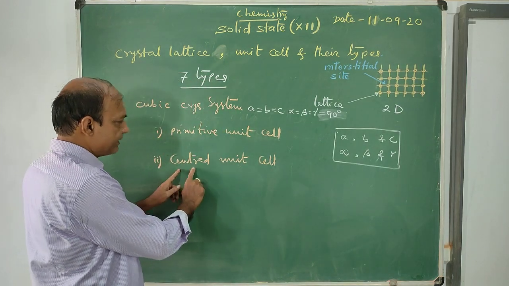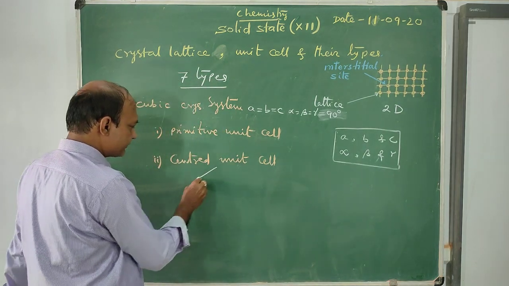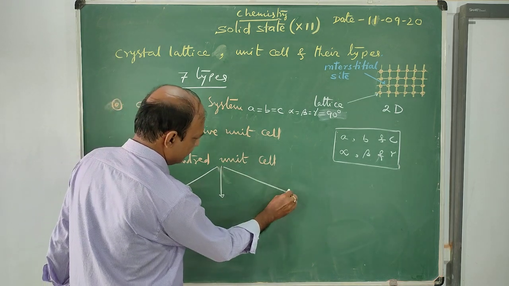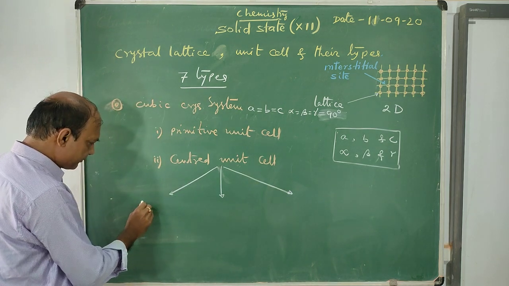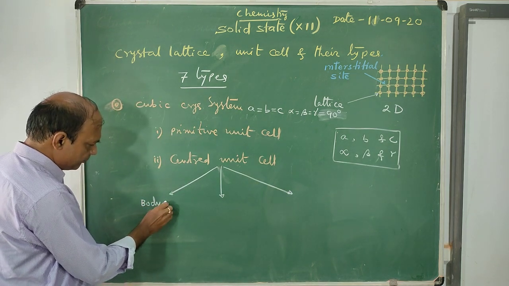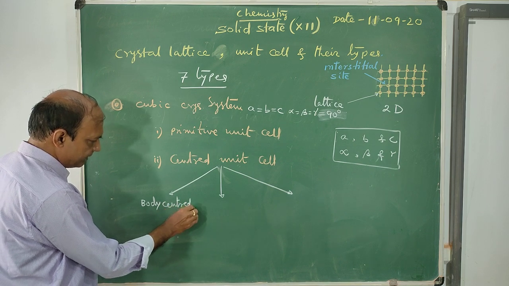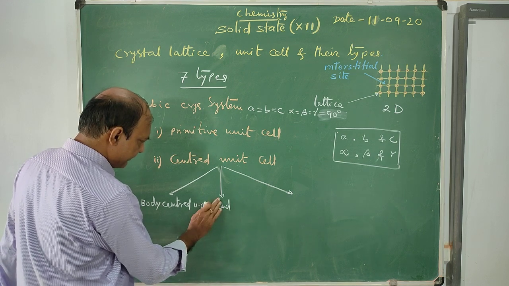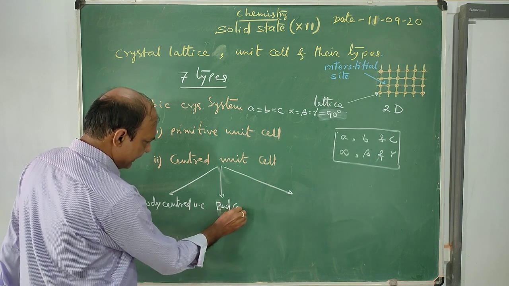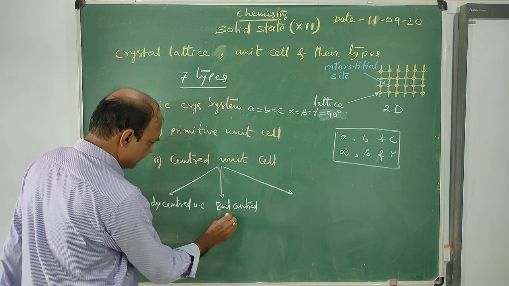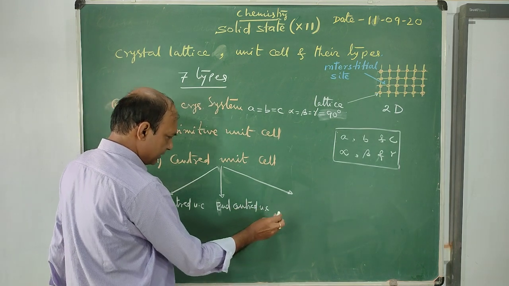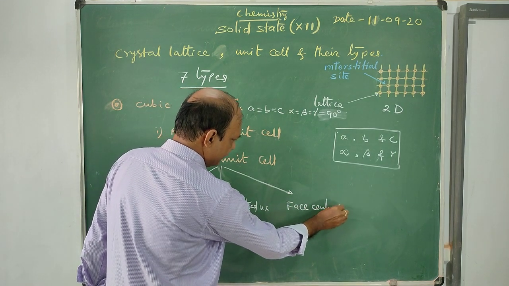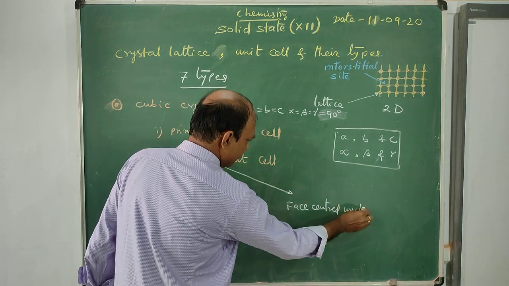And now the second type, centered unit cells. Centered unit cells, further you will see, are of 3 types. One is body centered unit cell, another is end centered unit cell, and the third one is face centered unit cell.